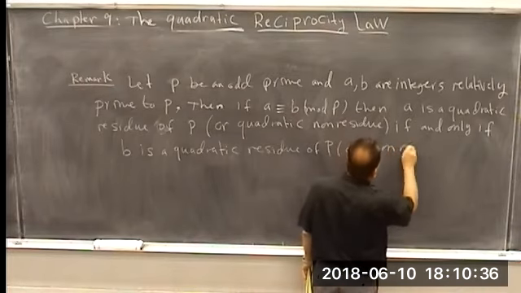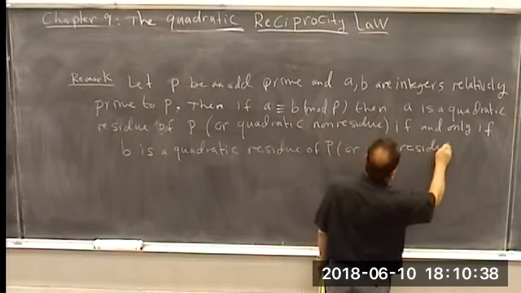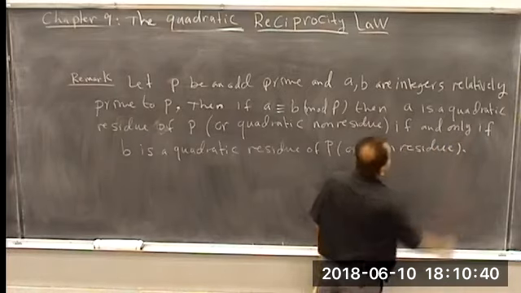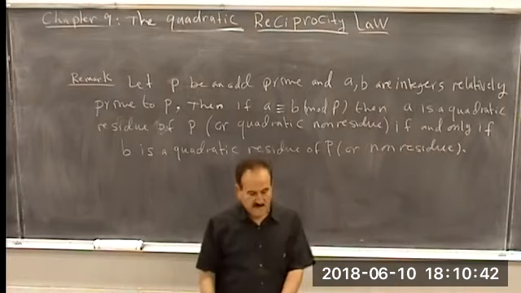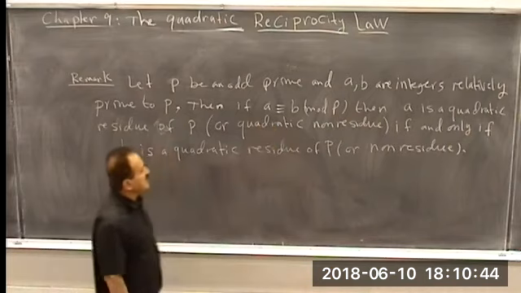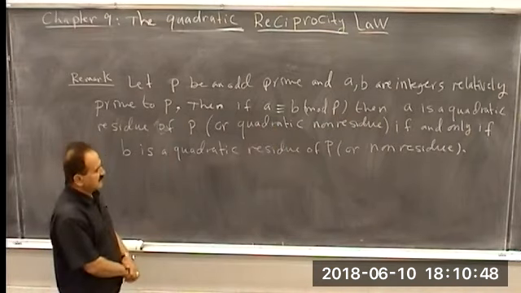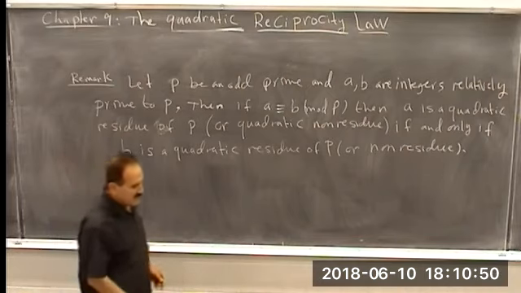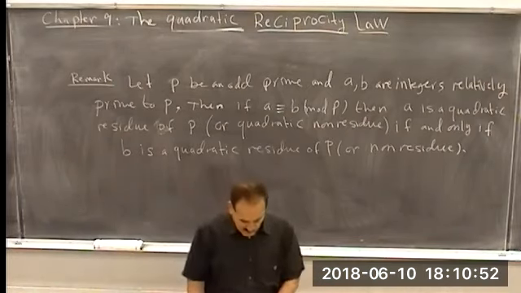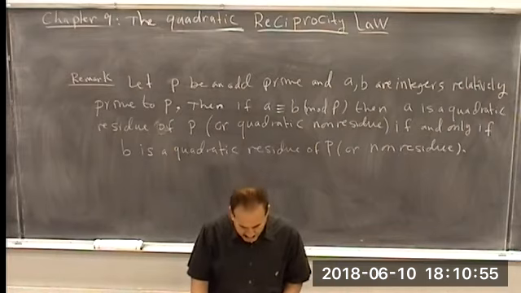Of course, quadratic. Okay, the proof of this is very, very simple if you translate this into the language of solving a simple quadratic equation. So I'm just going to leave this out for you to prove. All right.